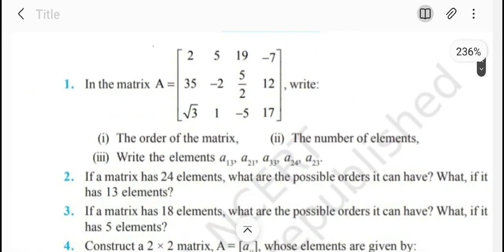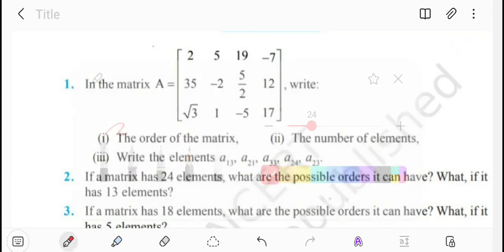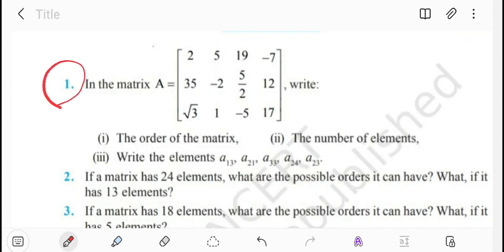So our first question is, as you can see here, we are given the matrix A, and we have to find the order of the matrix, the number of elements in the matrix, and also write the elements which are mentioned here. It is a very easy example, the same as the example we discussed in the last video.